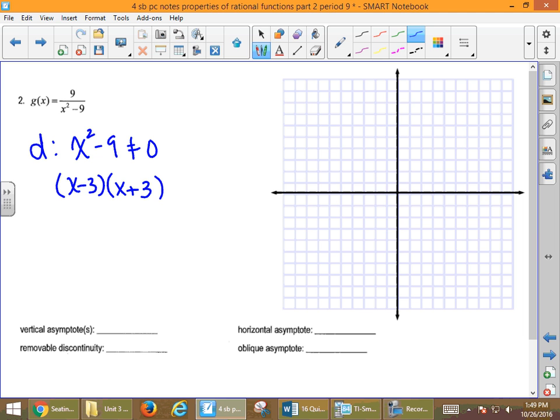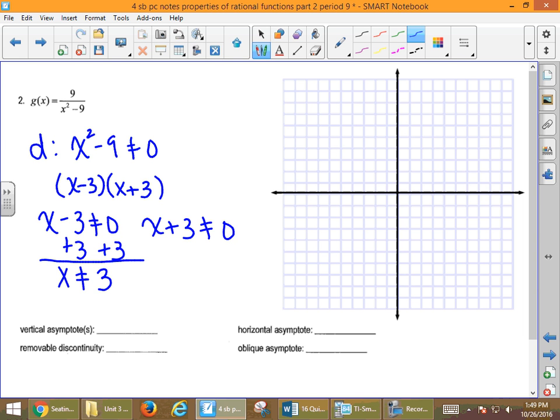That means that x minus 3 doesn't equal 0, and x plus 3 doesn't equal 0. I hope that you don't have to do this work, but we end up with our domain being x doesn't equal 3, and x doesn't equal negative 3.